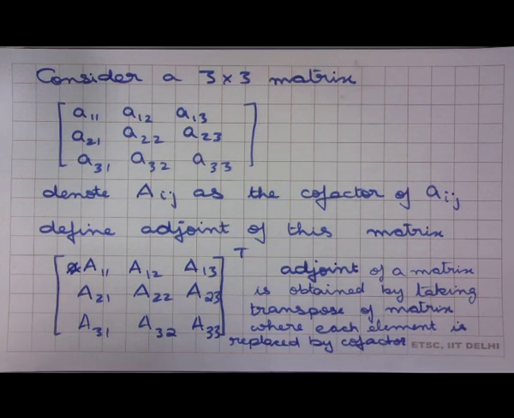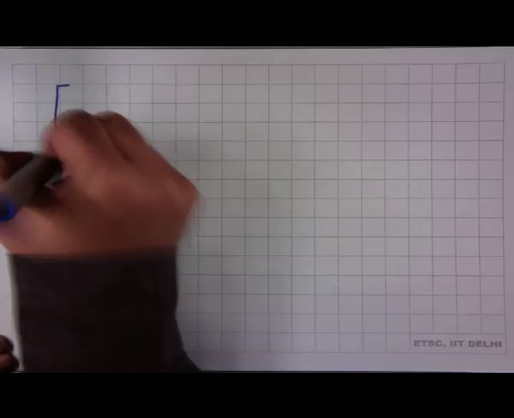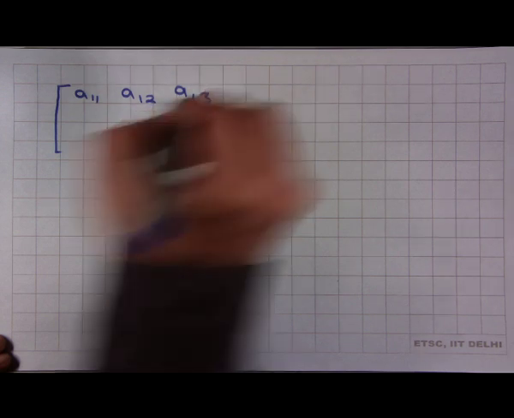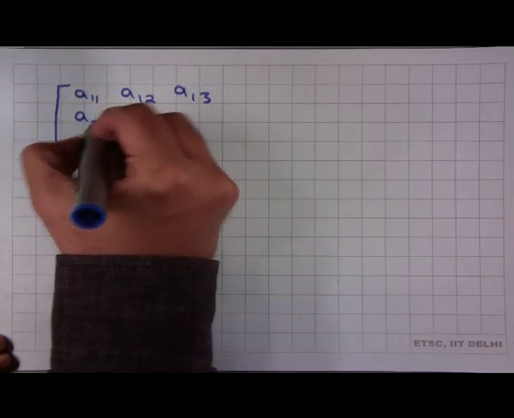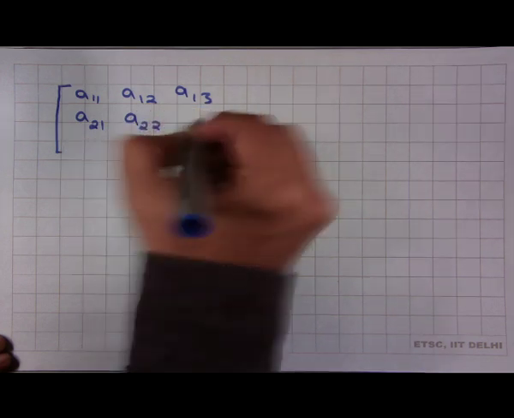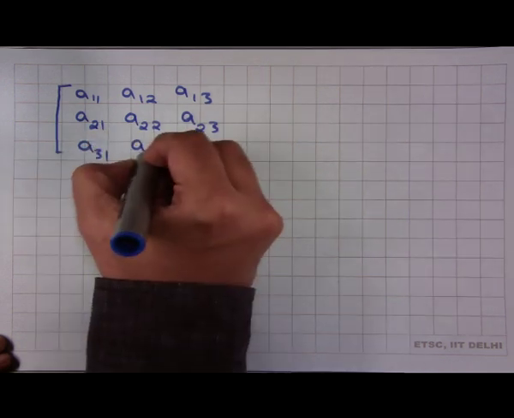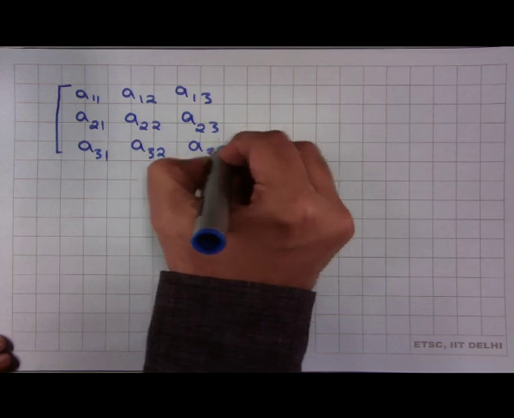All right. So, the adjoint of a matrix is defined by the transpose of a matrix obtained by replacing each element by the corresponding cofactor. So, in this 3 by 3 case, we have the matrix A11, A12, A13, A21, second row first column, second row second column, second row third column, third row first column, third row second column, third row third column.